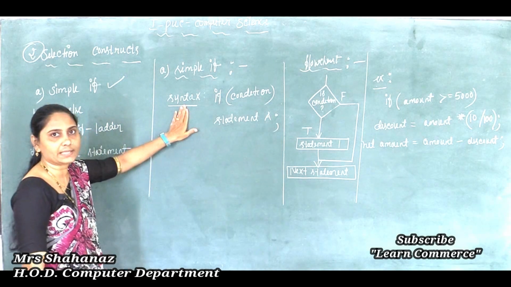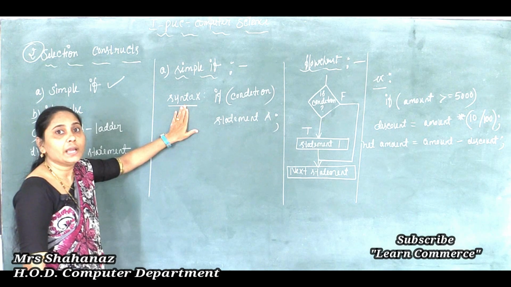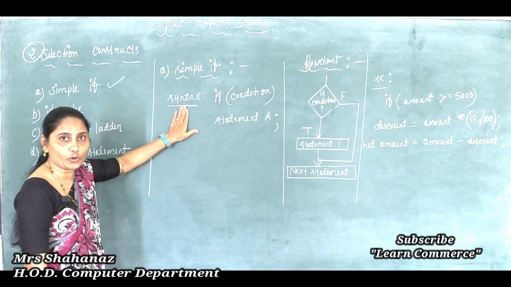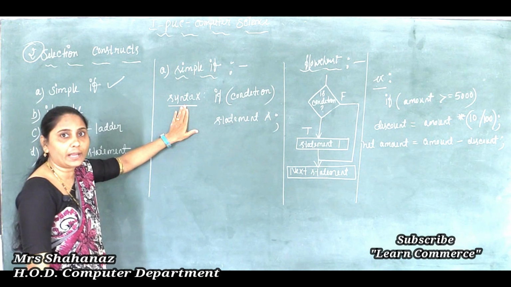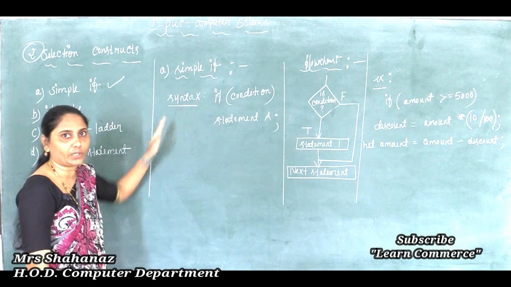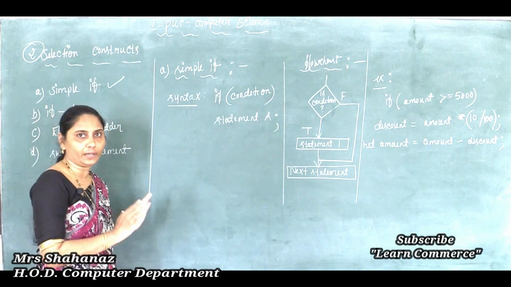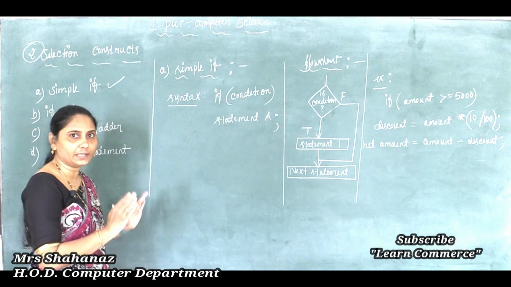Now the syntax. Syntax means a set of rules that should be followed while creating a program. While writing a program, whatever rules and regulations there are, we should follow them in a proper manner. Here it is called the syntax.